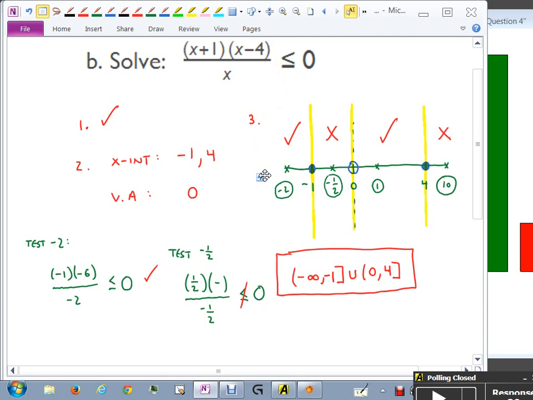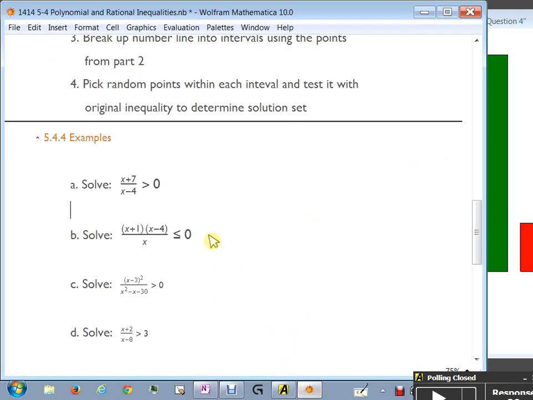Whatever the factor was, let's say it was x minus 2 on top and x minus 2 on the bottom, that means x equals 2 is excluded. It wouldn't be a vertical, but it couldn't be part of your answer. You couldn't say 2 is okay to plug in, because 2 is not okay to plug in. So you'd have to remove it from your solution set. Again, I won't give you one like that.